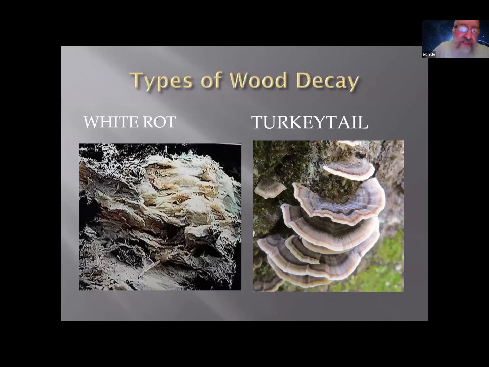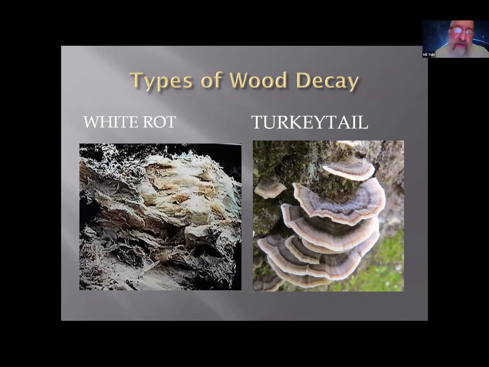So the turkey tail fungus has to decompose all three parts, the lignin, the hemicellulose, and the cellulose, but it decomposes the lignin first and then the hemicellulose. And then finally, the last thing is the good stuff, the cellulose.